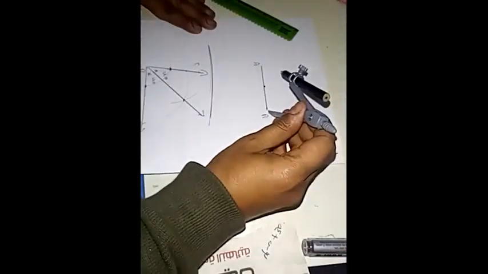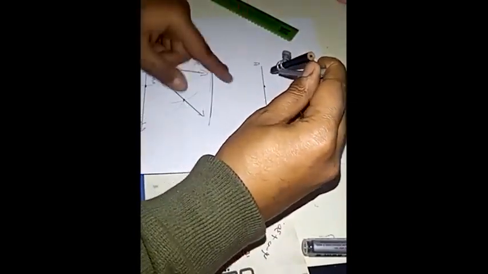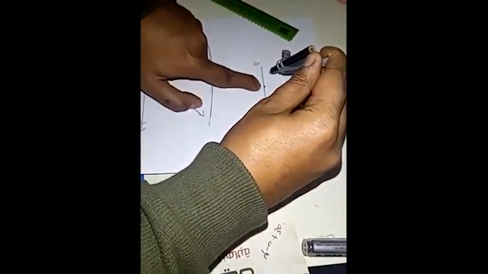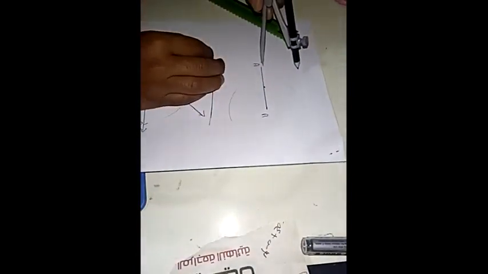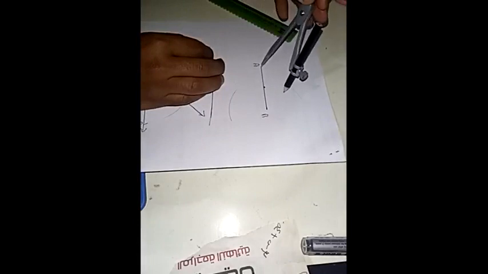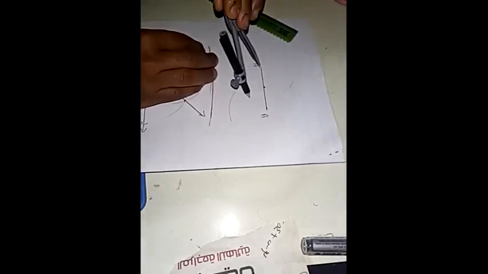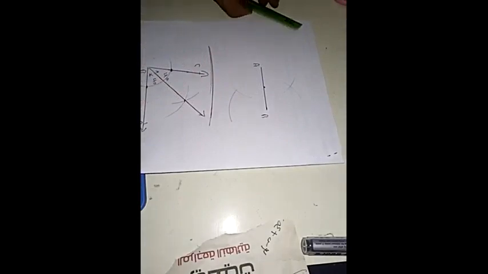Stop here at B and open more than the point of half, and draw an arc up and an arc down. At the same opening, stop at A and intersect up and intersect down. So we have intersections up and down.